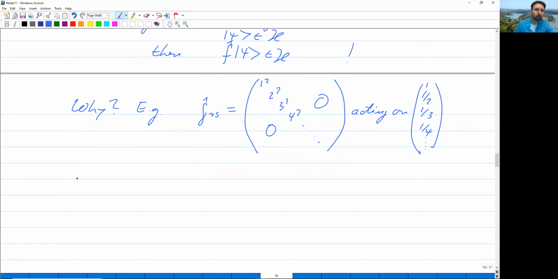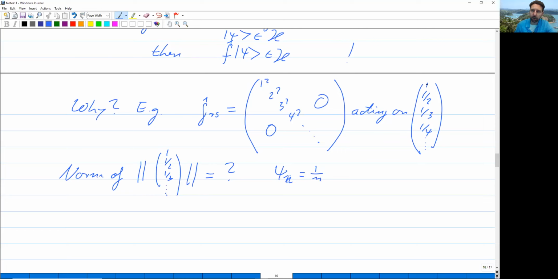Let's calculate the norm of the vector that we start with. Norm of the vector 1, 1/2, 1/3, is what? Well, okay, let's just write it like this. Psi n is equal to 1 over n, right?